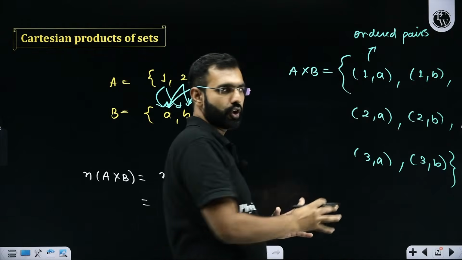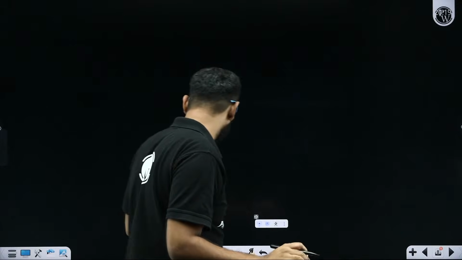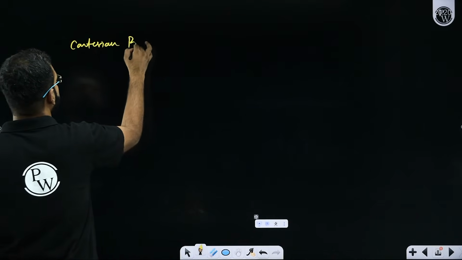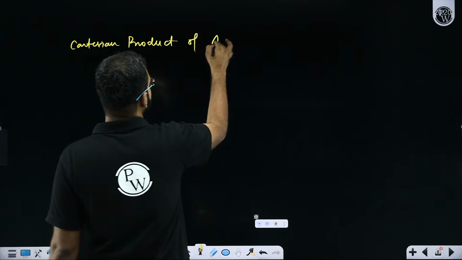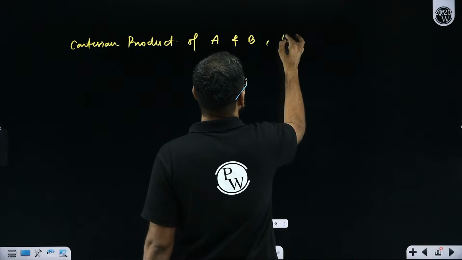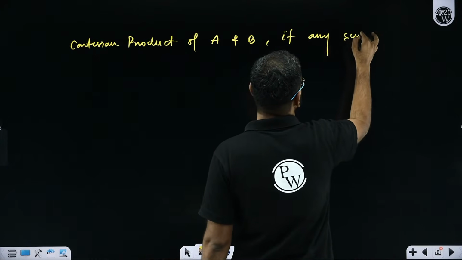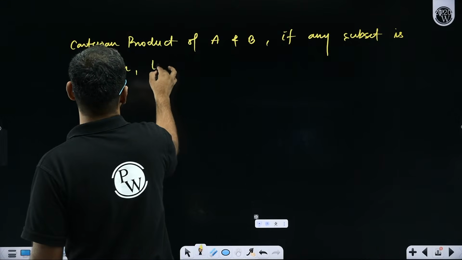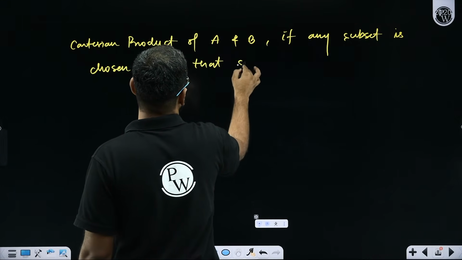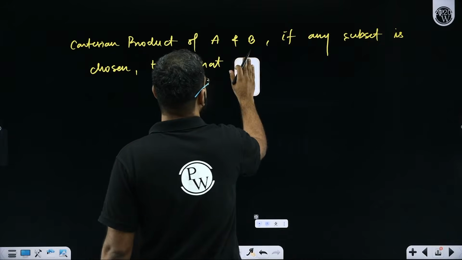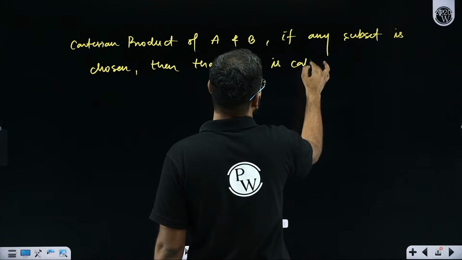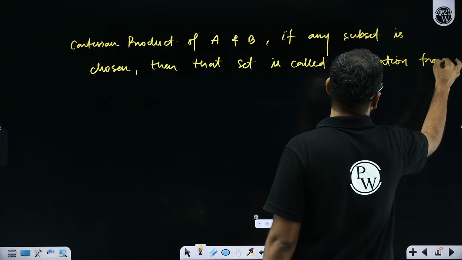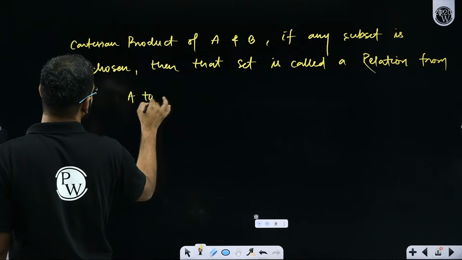So from this set A cross B, if any subset is chosen, then that subset, or that set, is called a relation from A to B.